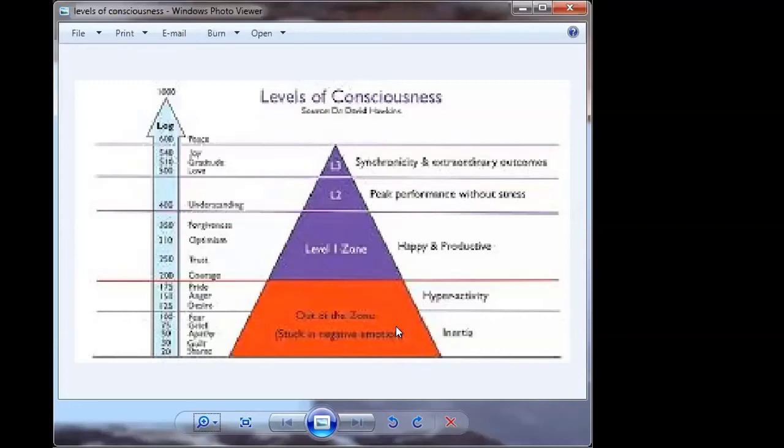You justify it all, but they are reactions, and reactions come out of our subconscious. So when these things are processed not only in our body, but in our mind, then you naturally move up the levels of consciousness.